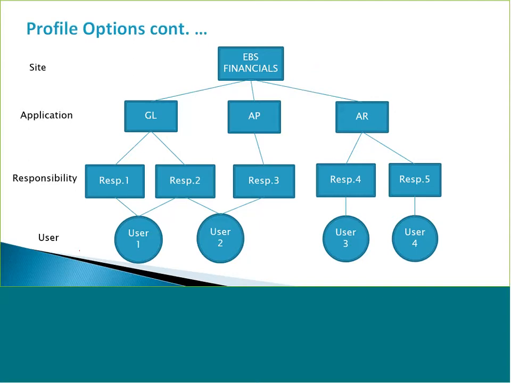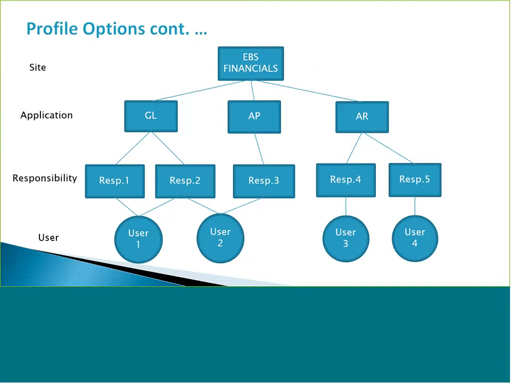But just like any other profile option, it can be assigned at any of these levels. Although for something like the ledger, it is recommended only to be assigned at certain levels, maybe like responsibility or at the site level. And let's just use that example for instance.